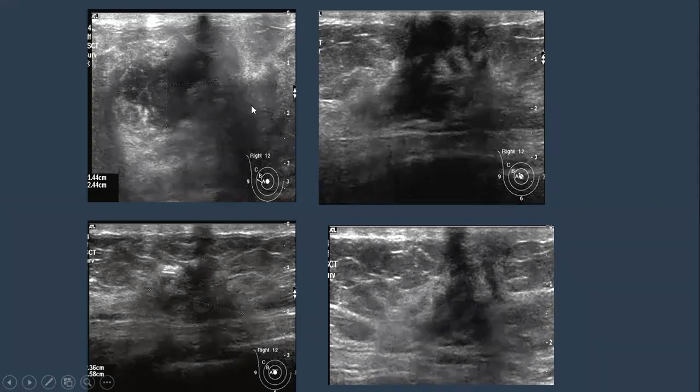Heterogeneous. And this is the band going toward the nipple. Look for the band and look for the nipple. See, the nipple seems to be involved or infiltrated. This is a heterogeneous mass. It looks as if it is multiple masses. I don't remember exactly. It might be the same mass from different angles.